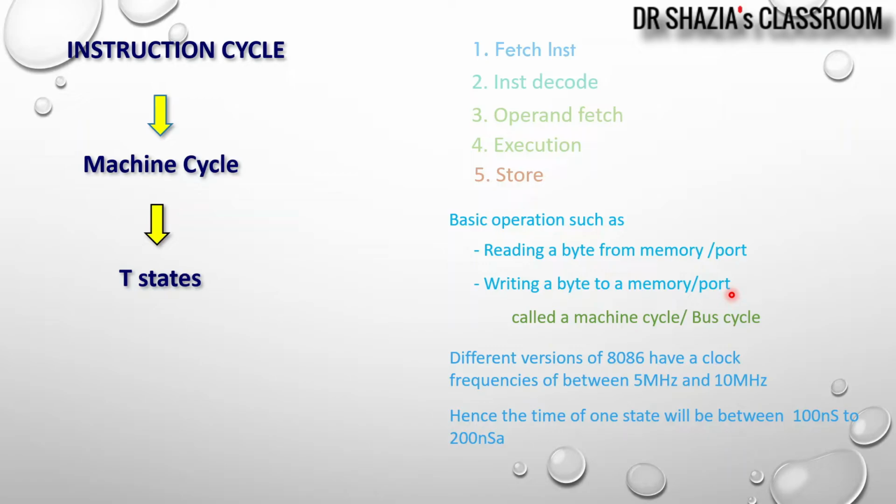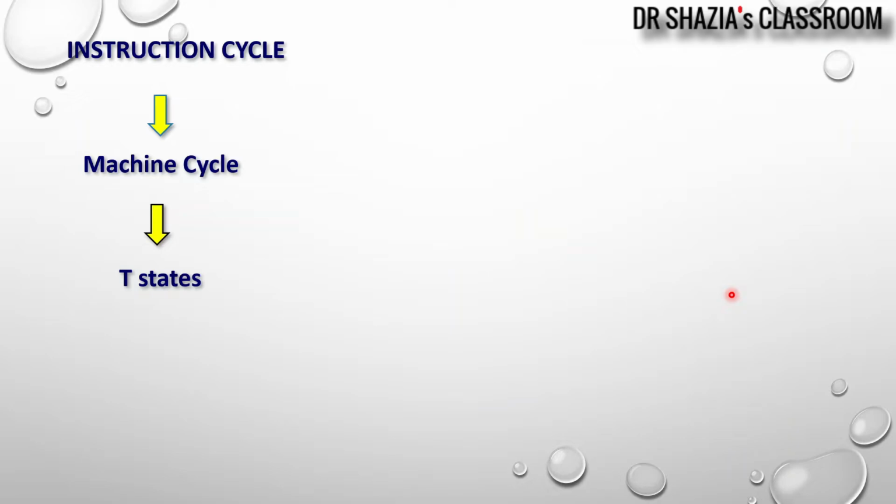Let us take an example to understand it in a little more detail, that to execute one particular instruction, as I said in the beginning, instruction cycle is the time taken by the microprocessor to execute. Now we will be able to calculate how much time is required to execute an instruction. So first we need to understand that one instruction cycle has how many machine cycles, and each type of machine cycle used has how many T states.